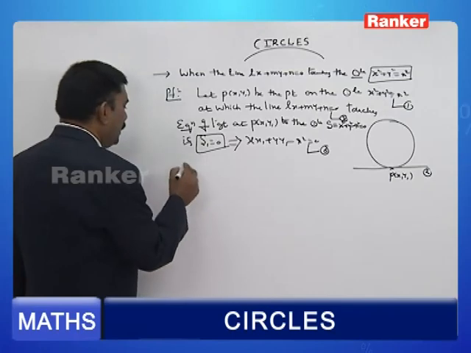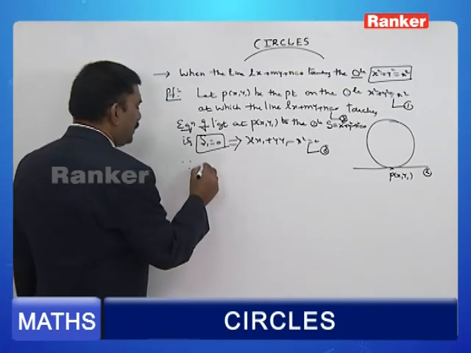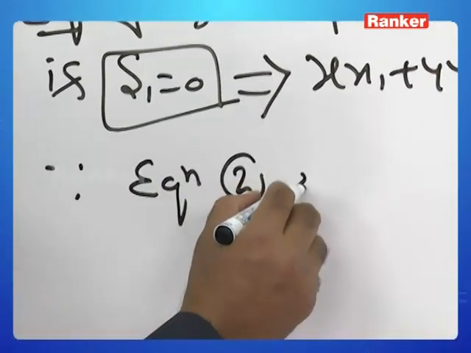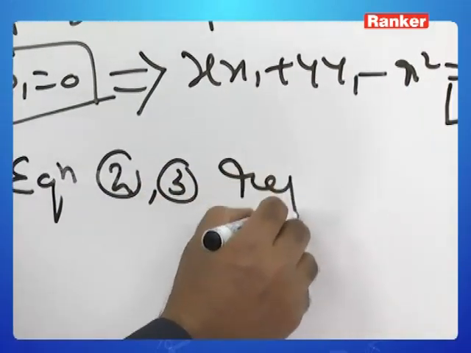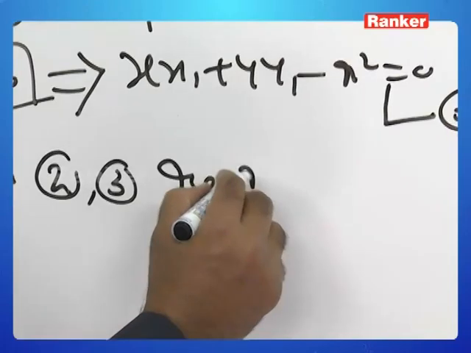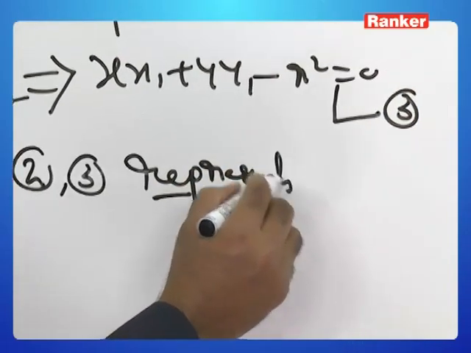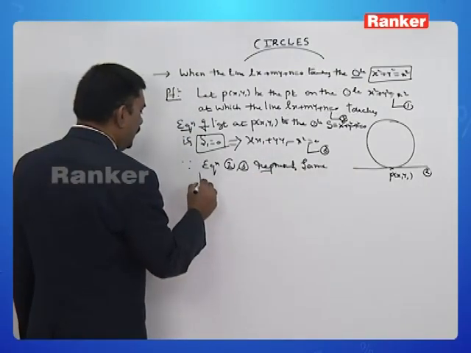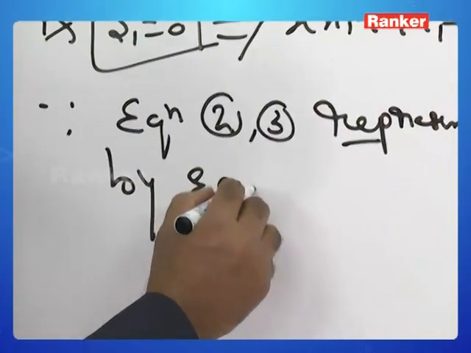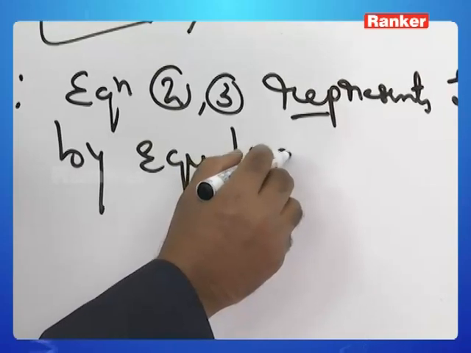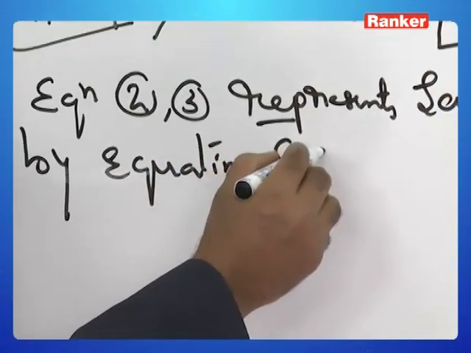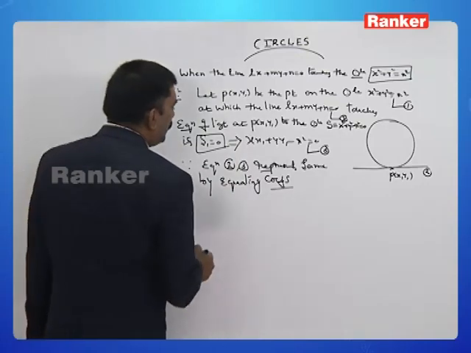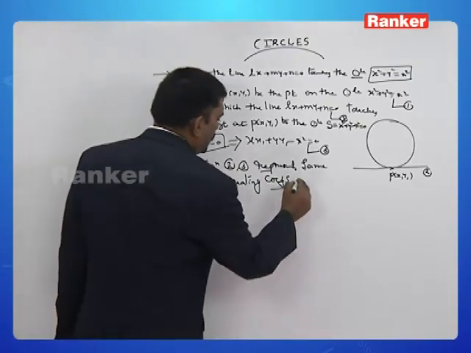So therefore, since equations 2 and 3 represent the same line, by equating the coefficients, now look at the coefficients of like terms.